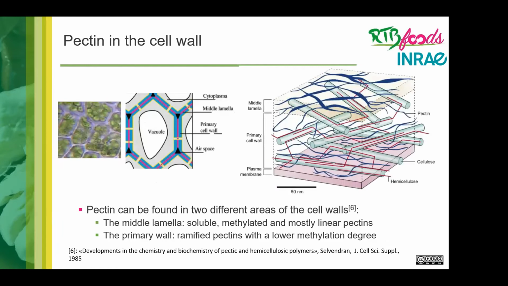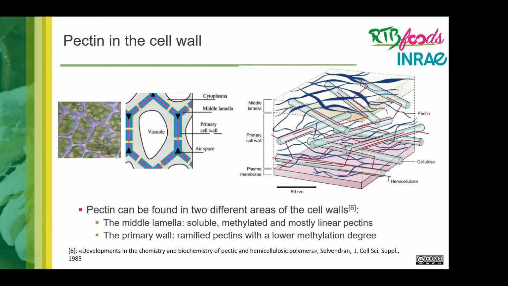As I said before, you will find 2 main types of pectin in cell walls in 2 different areas. In the middle lamella, you will have linear pectin, which are also mostly methylated pectins.